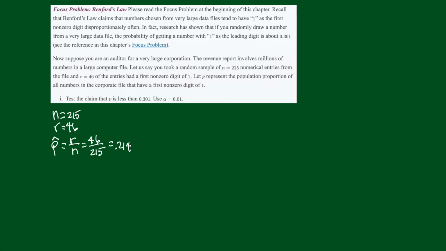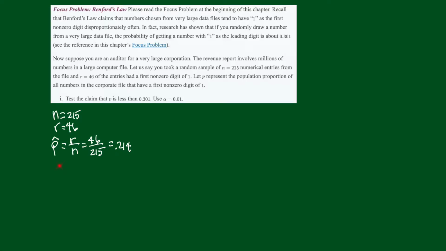Test the claim that p is less than the 0.301 that we saw up here. So there is at least some evidence for it, right? We're getting a p hat of 0.214, and the assumed value is 0.301. And 0.214 is surely less than 0.301.